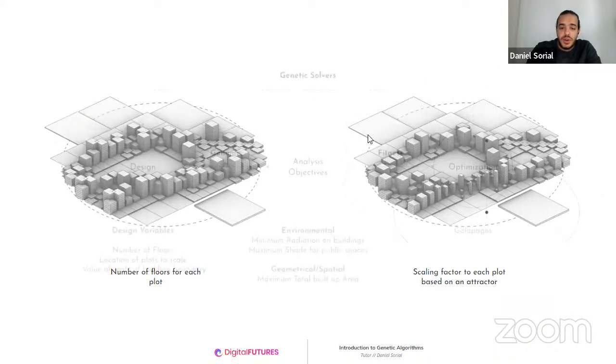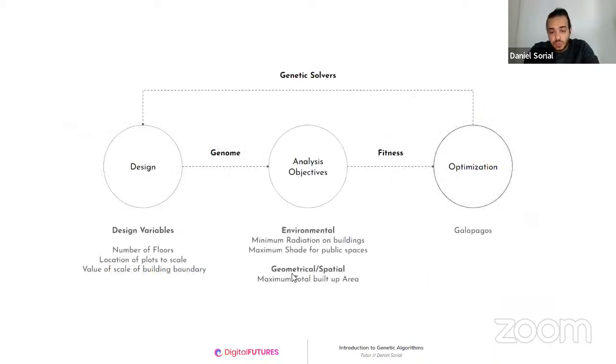But we also have another objective, which is a geometrical objective. We want to have also the maximum total built-up area for the buildings, right? So we want to maximize the total built-up area, maximize the shade in the public spaces, and minimize the amount of radiation. So working with genetic solvers is actually you're giving it an equation, and the genetic solver is trying to solve this equation based on the inputs or the goals that we're trying to achieve, right?